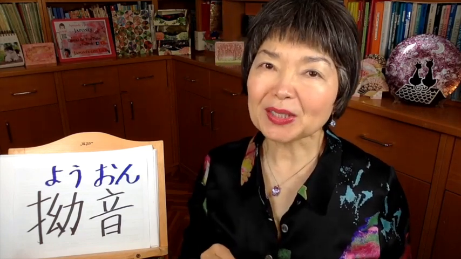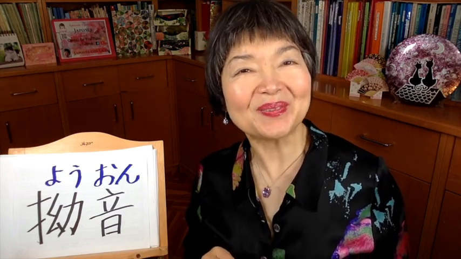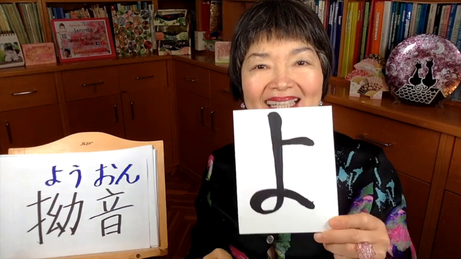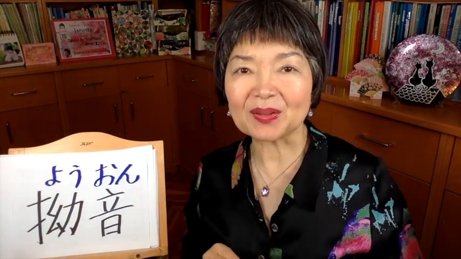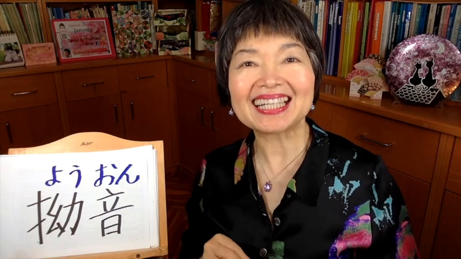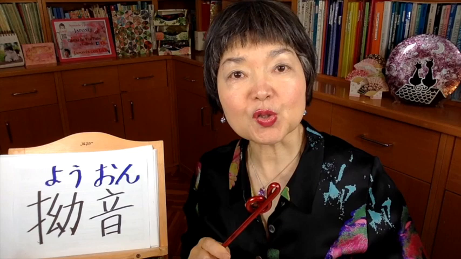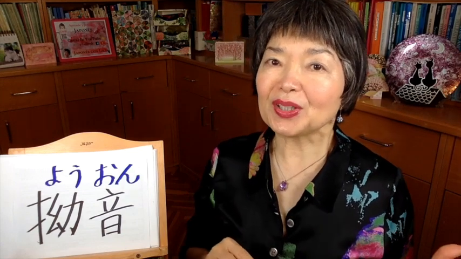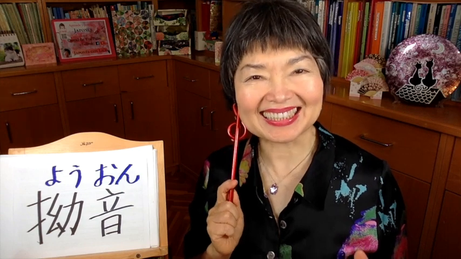In the previous videos we've studied ya and yu, so today, the last one, yo. And at the end of this video, there's going to be a quiz so that you can assure if you learned well, and check your pronunciation and your listening skills.